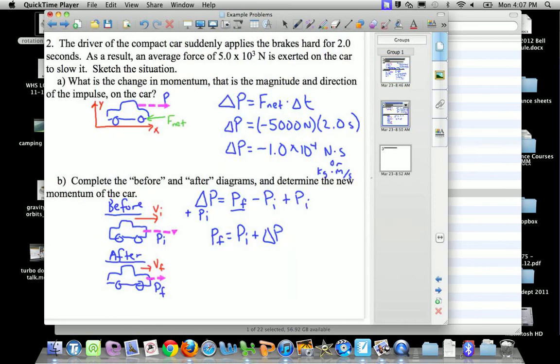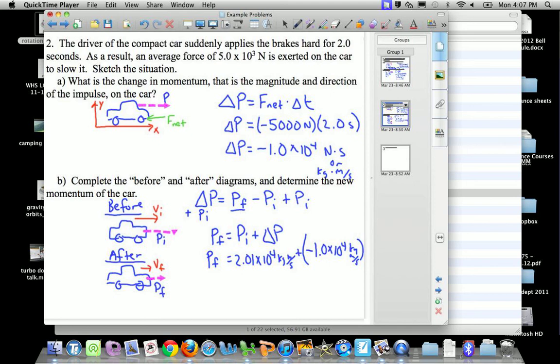We're going to plug that in here for initial momentum, PI, and for change in momentum, we're going to plug in the number from above there, negative 10,000, or negative 1 times 10 to the 4th kilogram meters per second. So we have 20,000 basically minus 10,000, or to be more precise, 20,100 kilogram meters per second minus 10,000 kilogram meters per second.